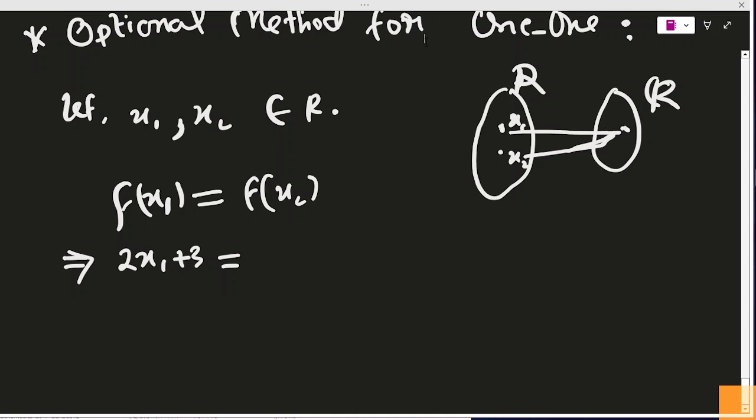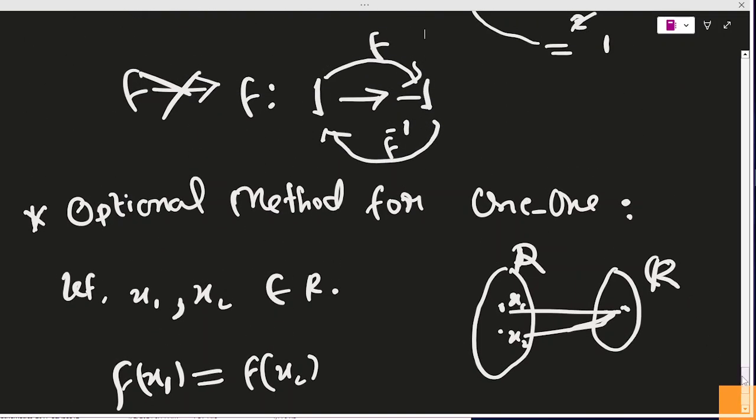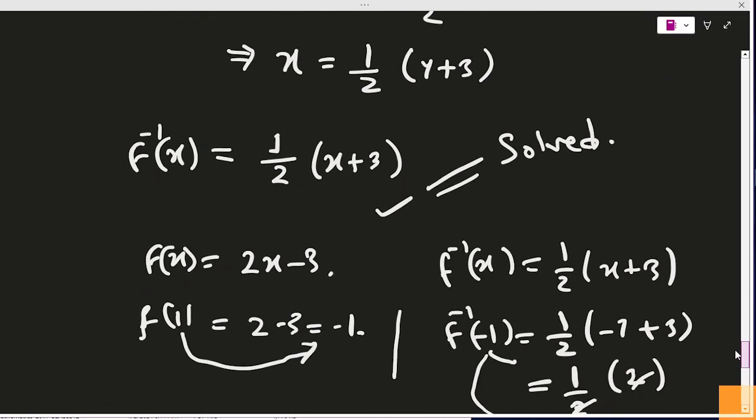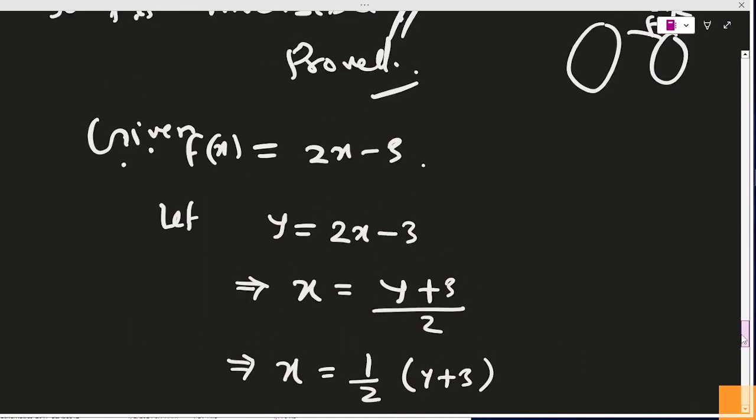-3 था ना फंक्शन में? Yes, -3. f of x equal twice x minus 3, so -3, right.